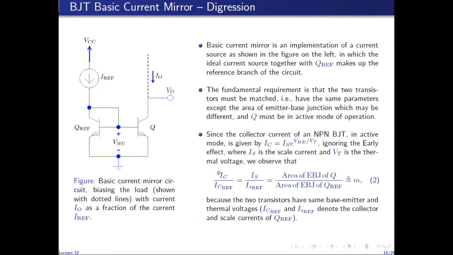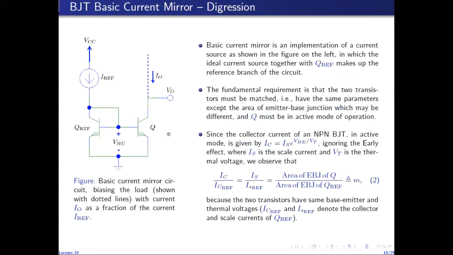So when I take the ratio of the two collector currents, this exponential dependence will get cancelled out, and I'll be left with the ratio of IS to ISREF. IS is the scale current of Q, ISREF is the scale current of the reference transistor. So this ratio of collector currents is equal to the ratio of the scale currents.